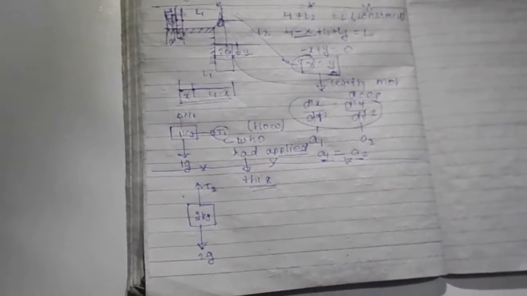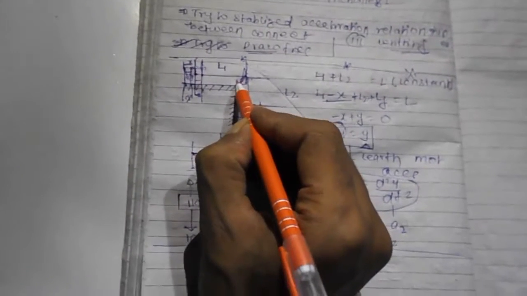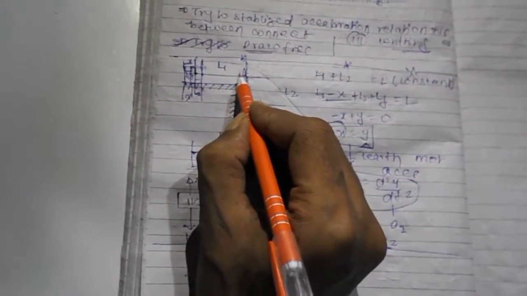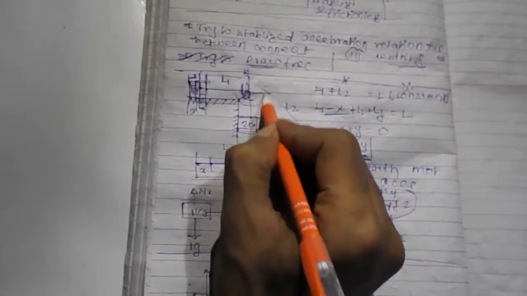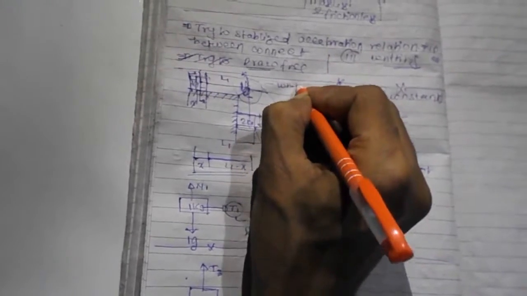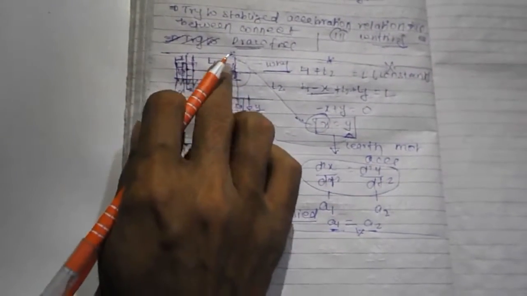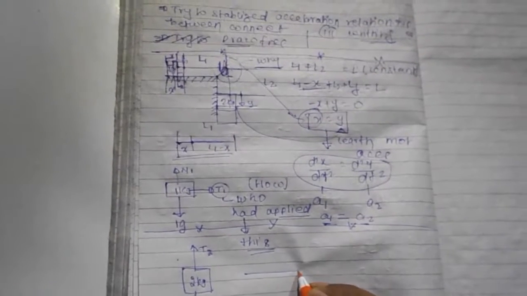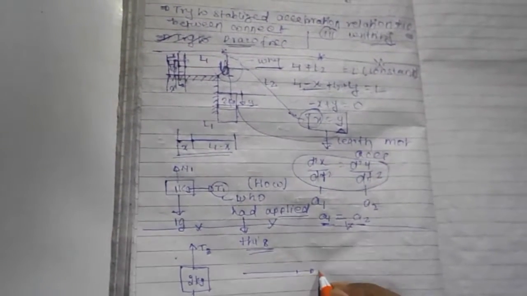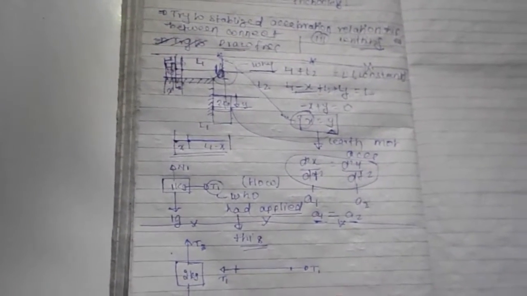Now we should go for the string. If I am going to draw the free body diagram for the string, I should cut this string here. I cut this string here and cut this string here. What do I get? This is T1, this is T1.